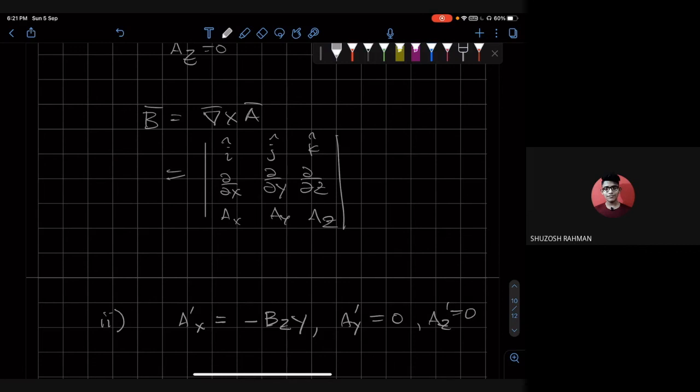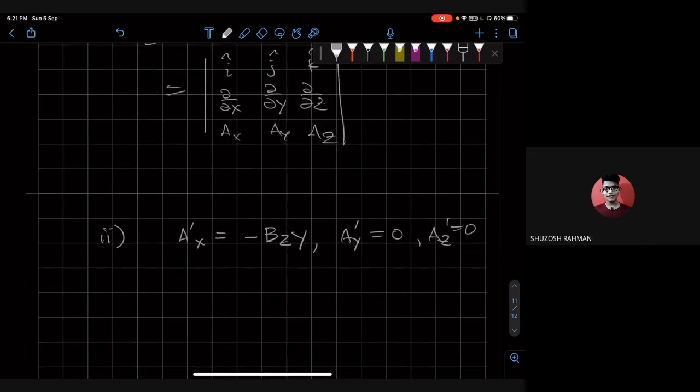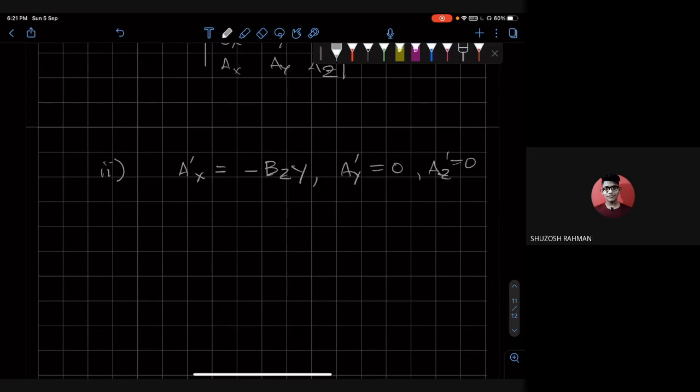You can show that it gives rise to the same B. Okay. So how are these two gauge choices related?